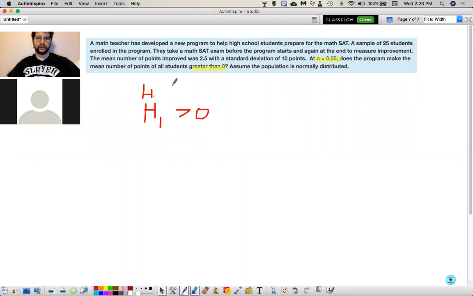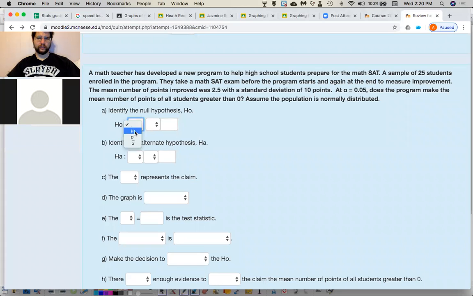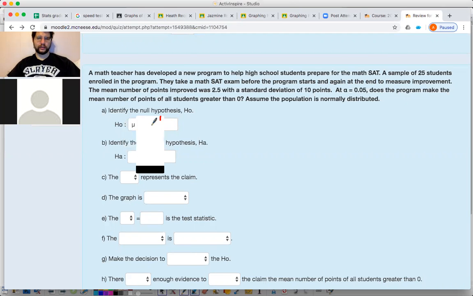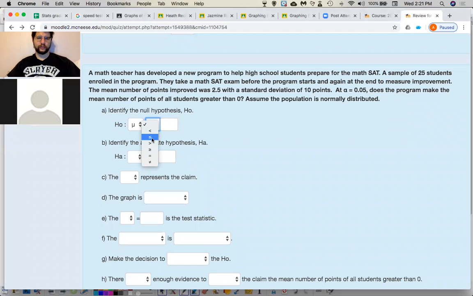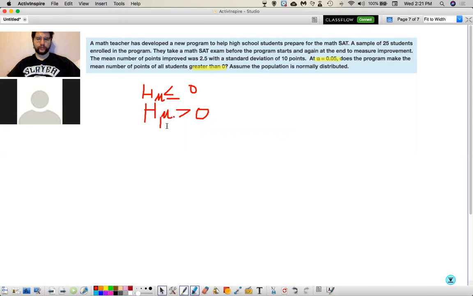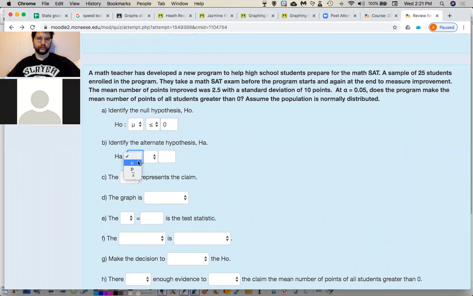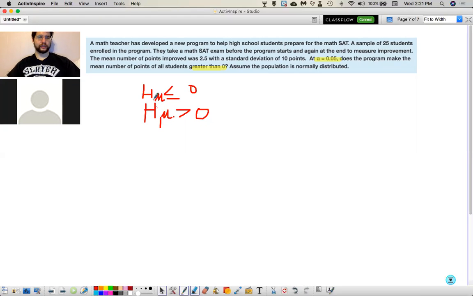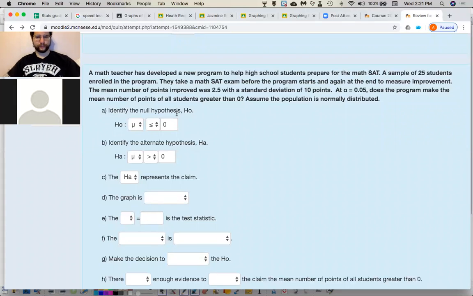That makes my null, mean less than or equal to 0. And the claim is in the alternative. So they use HA instead of H1. Remember, I told you you could either use H1 or HA for the alternative. I like H1.